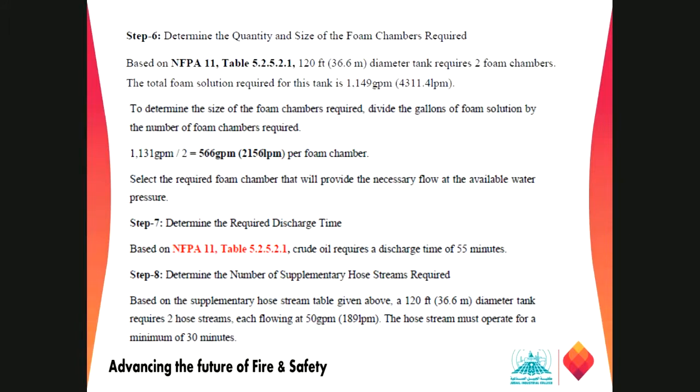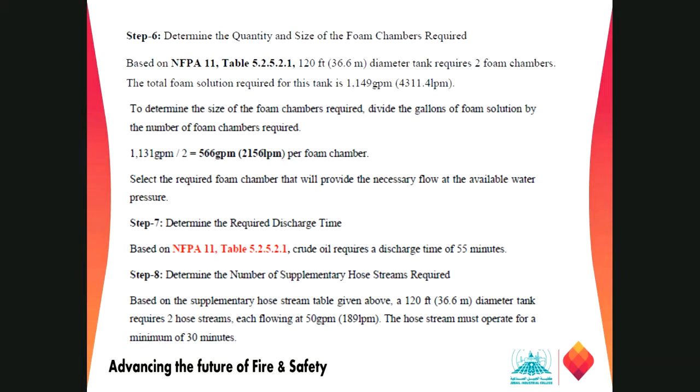To determine the quantity and size of foam chambers, the foam chambers we need to put on the top of the tanks, at some distance based on the diameter of those tanks. So NFPA 11 table 5.2.5.2.1 says that a tank of around 36.6 meter diameter requires 2 foam chambers.